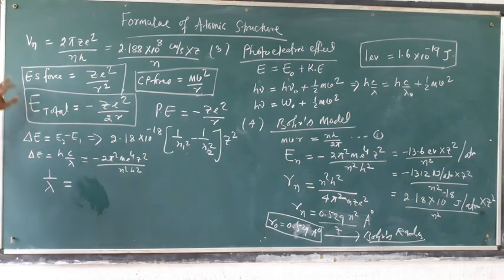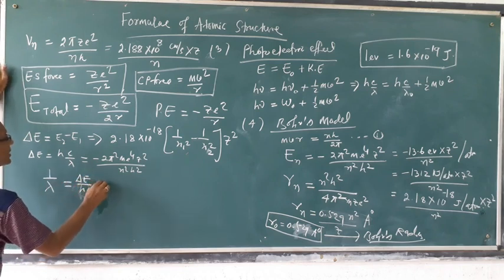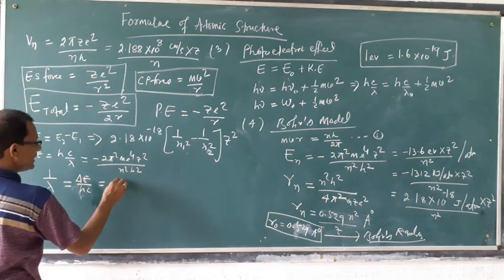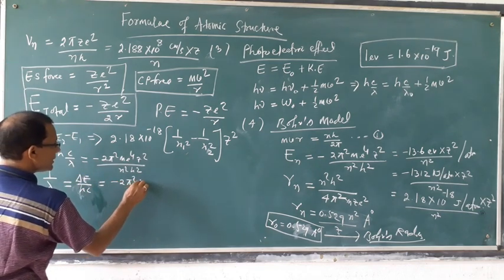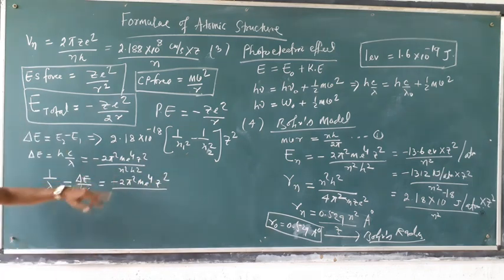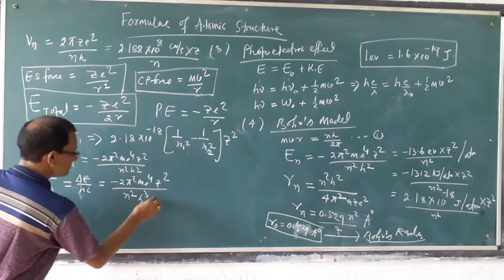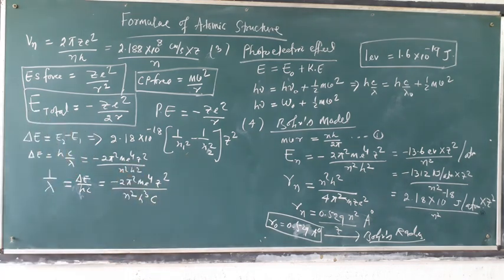Del E value is minus 2 pi square me4 Z square by n square h square, and again h cube, then c. So this much value is 1 by lambda.